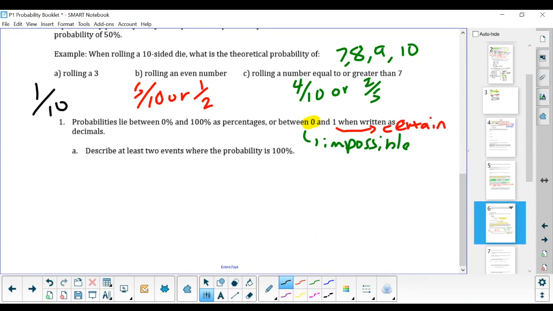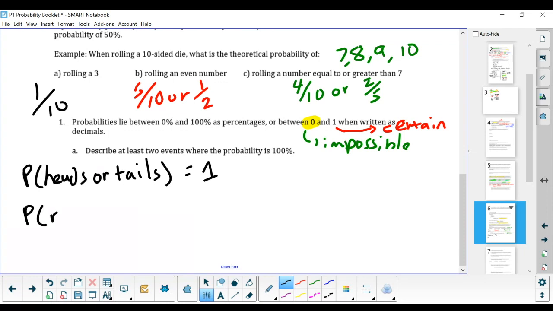If we try to describe at least 2 events where the probability is 100%, we could simply say the probability of flipping heads or tails is equal to 1, because we can't flip anything other than heads or tails. We could also look at the probability of choosing a card that is red or black out of a standard deck of 52 cards, and that will also be a certain event, or 100%.